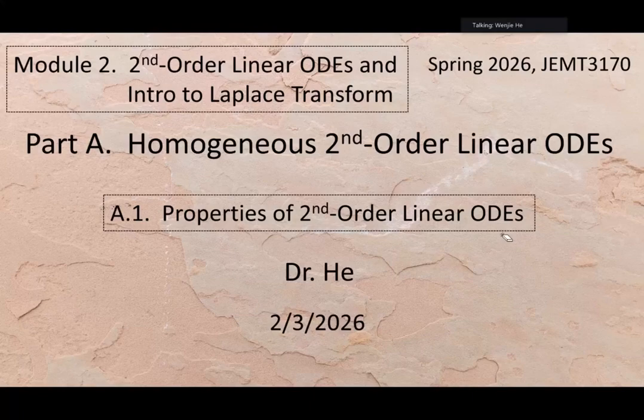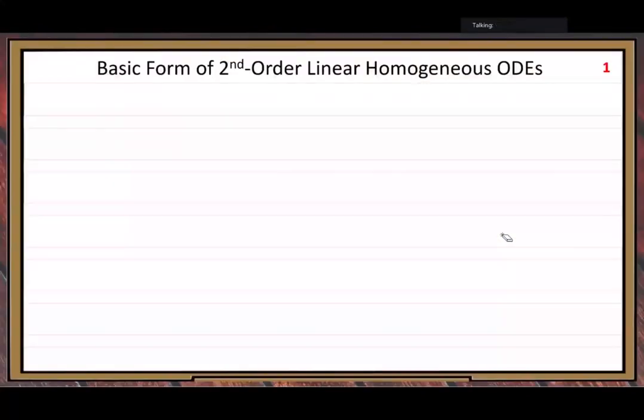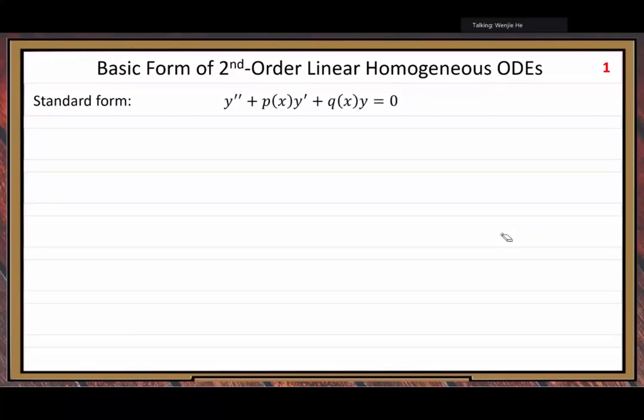First, the simplest type, the homogeneous second order linear ODE, and its properties. Let's look at the definition. Standard form, homogeneous, with 0 on the right side. The standard form of the linear homogeneous second order ODE, with P and Q functions.